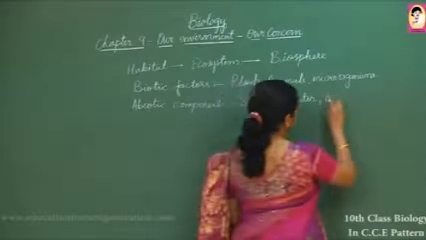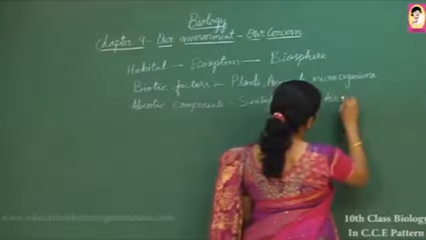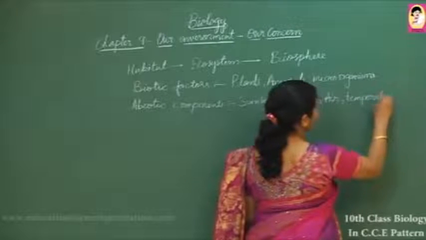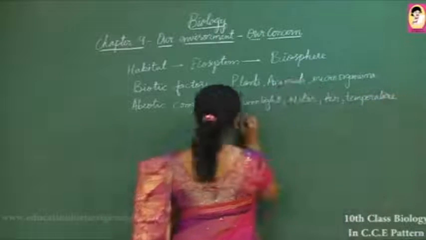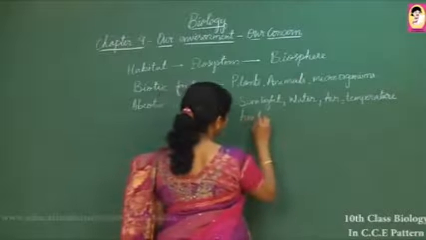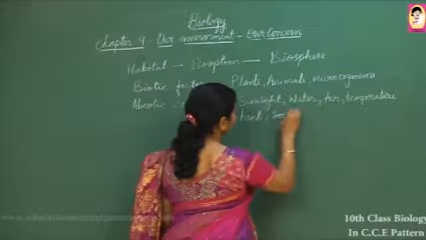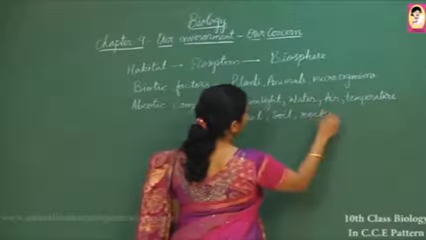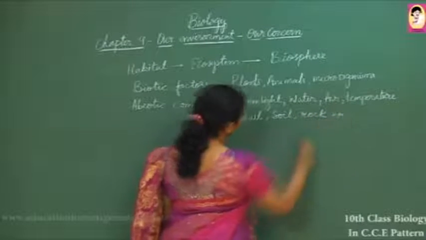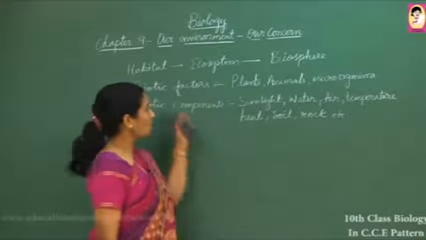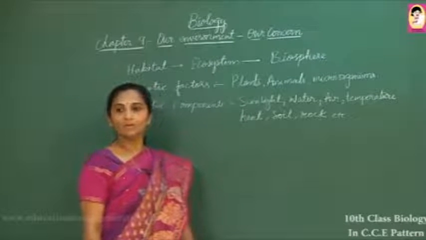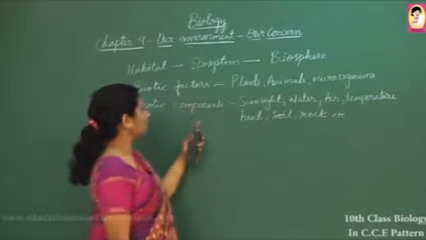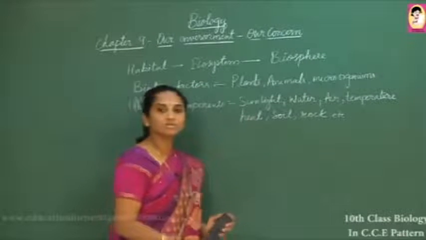Air, temperature, and heat, soil, rocks, whichever we find surrounding us. These all make up the abiotic components of our surroundings, and both are required for all living organisms to survive.